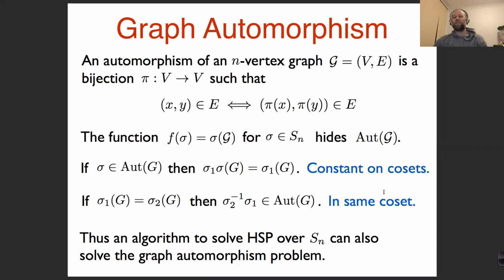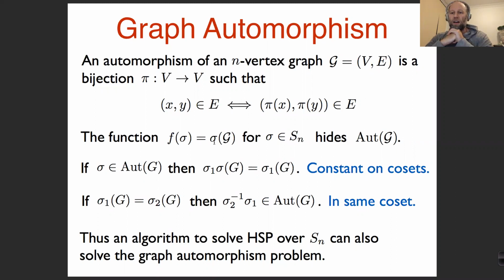Okay, so how can we see that the graph automorphism problem is an instance of the hidden subgroup problem? Well, the function that we're going to look at takes a permutation to a graph. For a permutation sigma, we just look at the graph formed by relabeling the vertices by sigma. So that's our function.